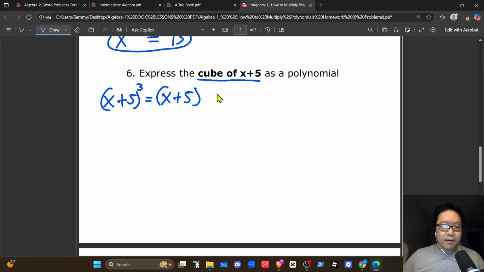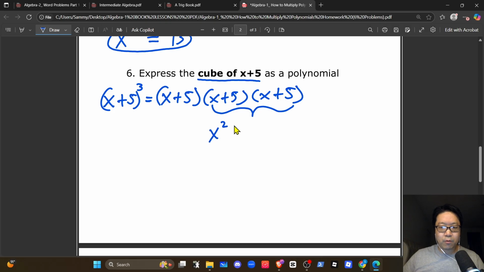We have x plus 5, and x plus 5. So let's combine or multiply these two first. So we're going to get x squared. 5x and 5x gives us 10x. And 5 times 5 is 25.